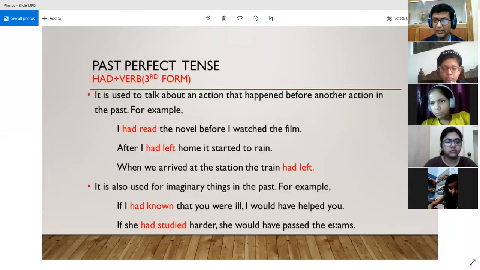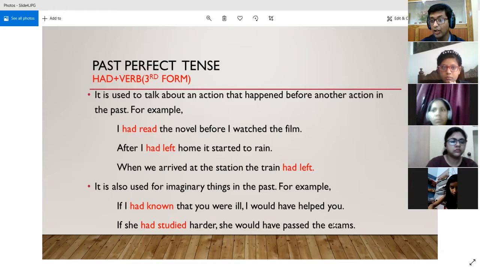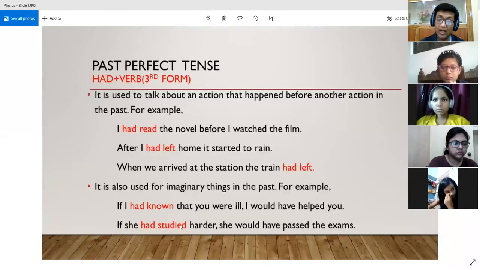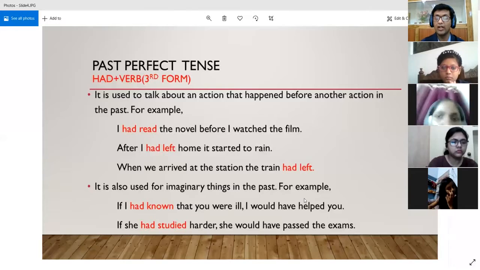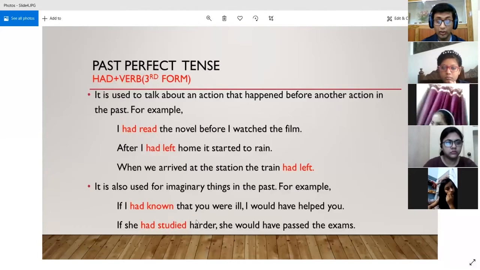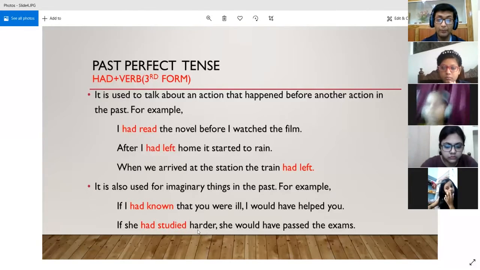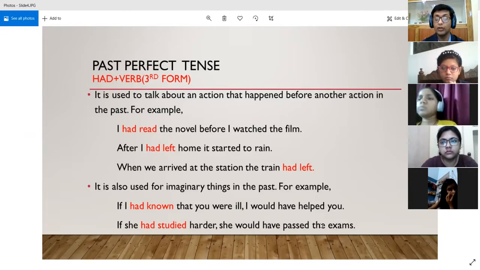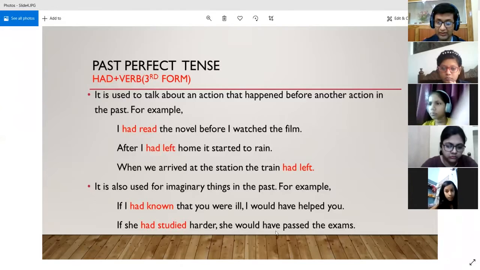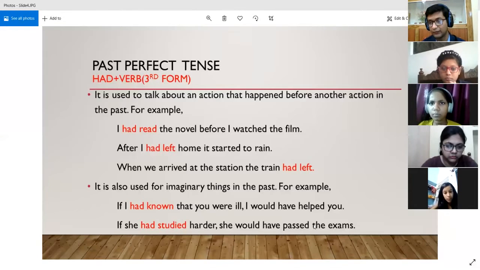It means that she must have failed in the examinations because she did not study harder. So what is happening first? Her act of studying harder. So we use the past perfect tense first, and then her passing would have come subsequent to her act of studying hard. So it is taking the simple past form. Okay.